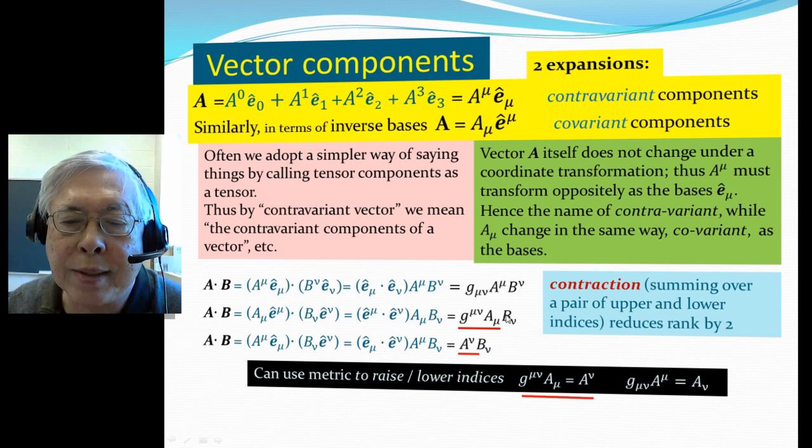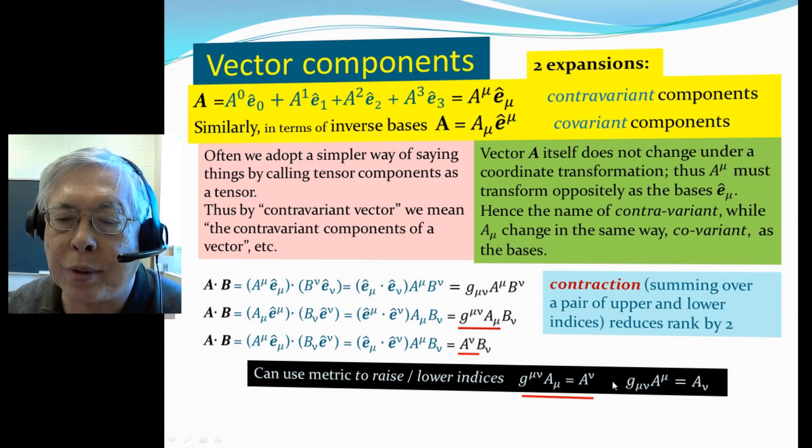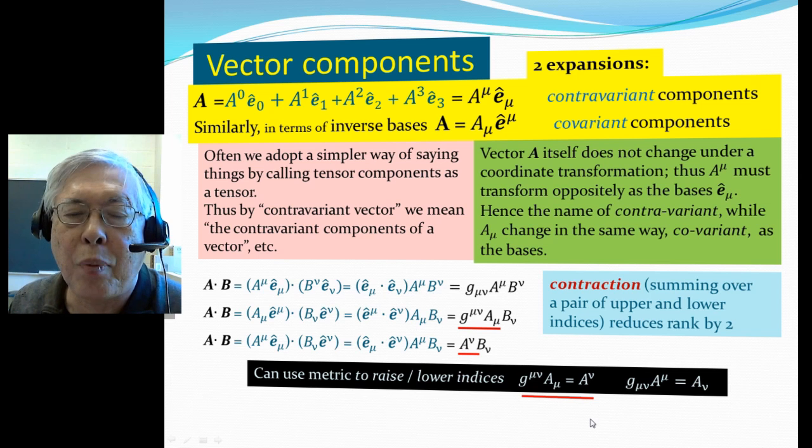B_nu is the same, so whatever is in front must be the same. Therefore g^{mu nu} contracted with A_nu gives A^mu with a superscript. In other words, this inverse metric manages to raise the covariant components to contravariant components. So we can raise and lower the indices using the metric or the inverse metric.